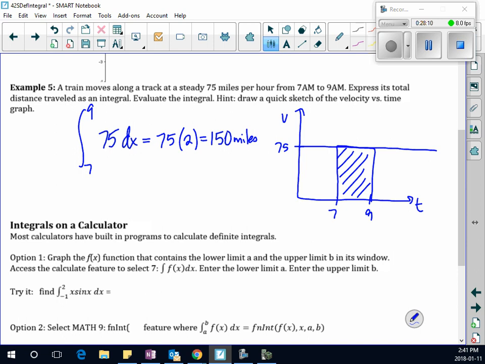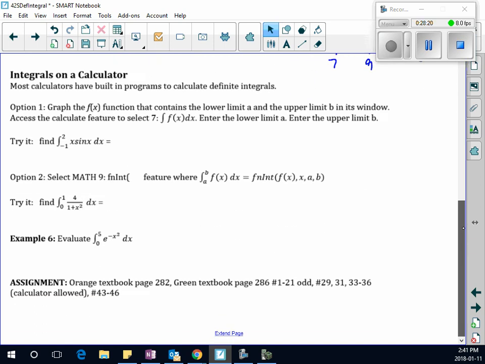Okay, so good news is, when we get to the calculator section of the exam, there is an integral function on your calculator. We're going to do some stuff on the calculator right now. Most calculators have a built-in program, and everybody has a TI-84, so it's the same thing. Some have the upgrade so that you can actually put the lower limit and the upper limit in there.